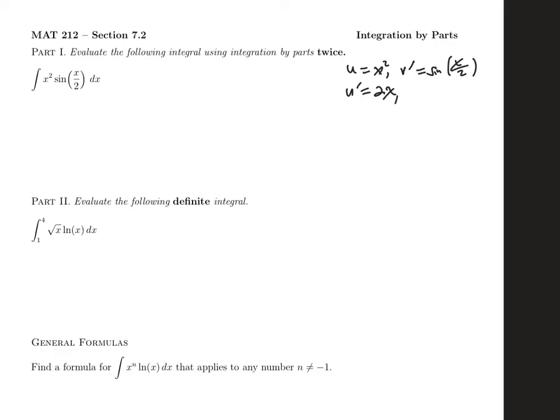And if v prime is sine of x over 2, again, this is an antiderivative problem, so we have to be careful here. But the antiderivative of sine is negative cosine. Actually, let me give myself some space here. So I'll have negative cosine, but the 1/2 factor that's inside the parentheses, that's x over 2, so that's really 1/2 x.